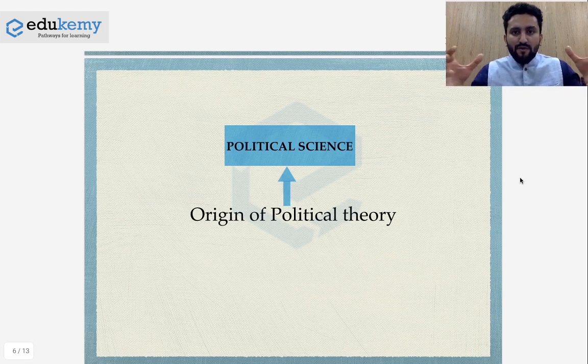Because whenever you have some group of people coming together, consider a time when there was no government, no laws, whenever a group of people are coming together, they're interacting with each other. They need a particular order. They need certain rules, because otherwise there will be chaos, right? And chaos is not fruitful for anybody.